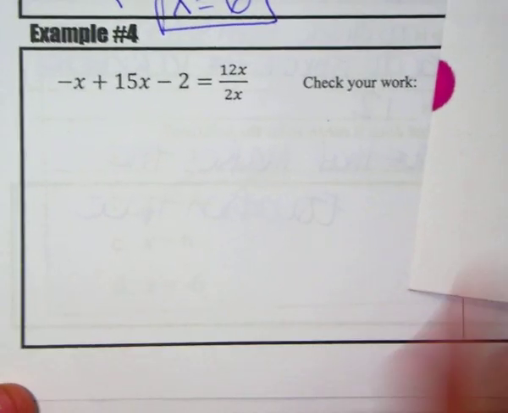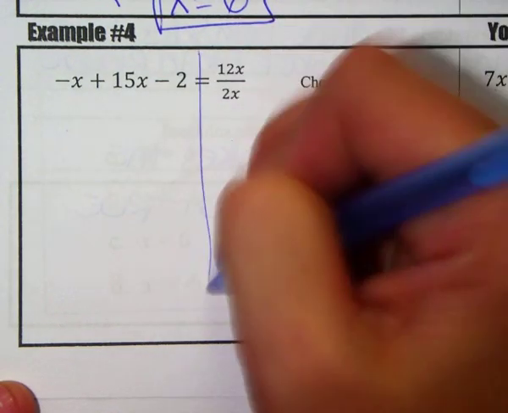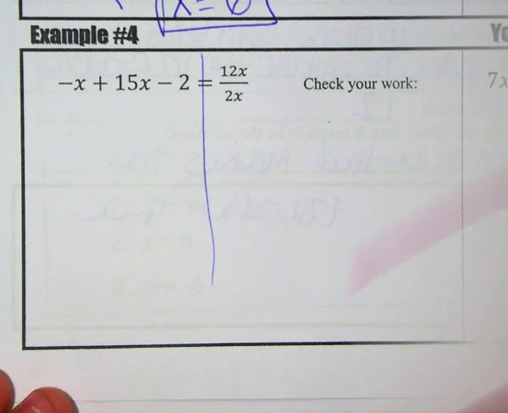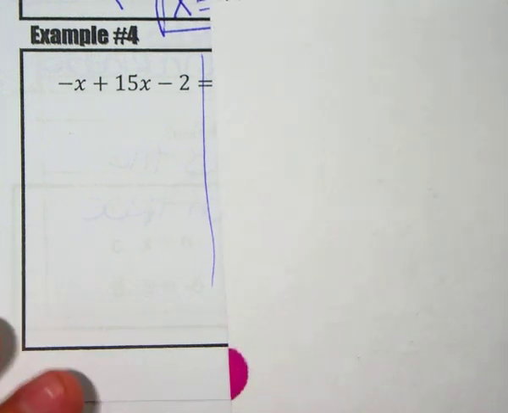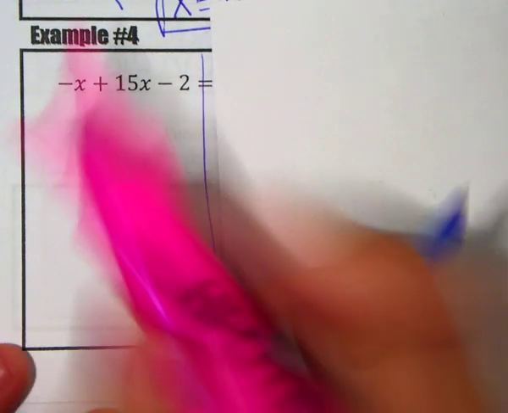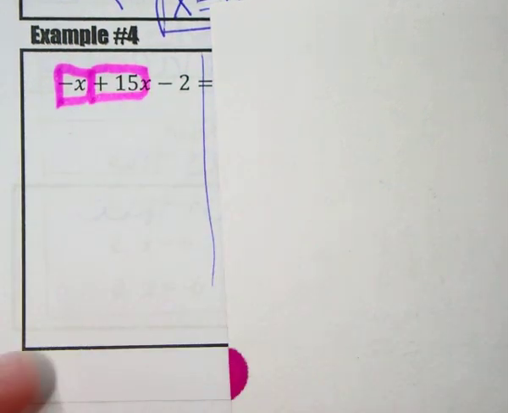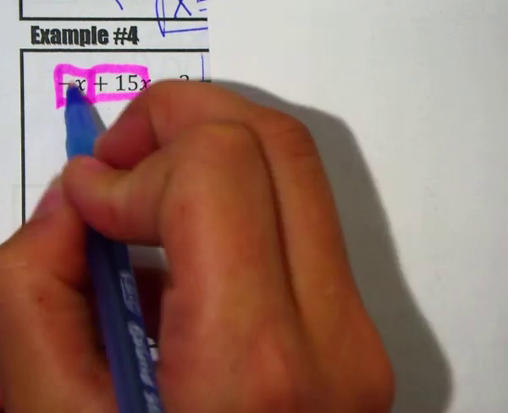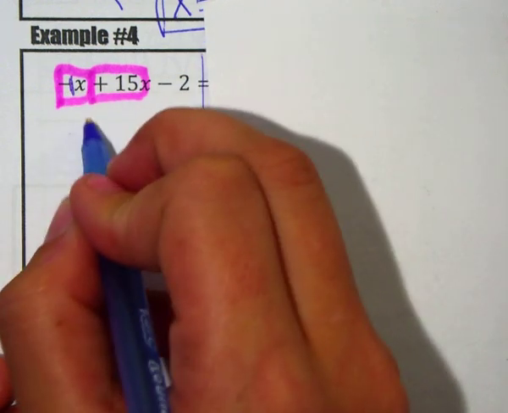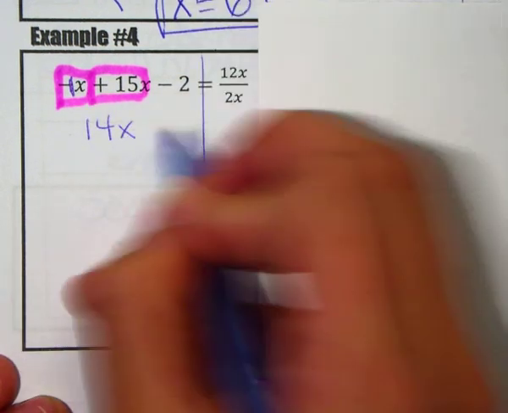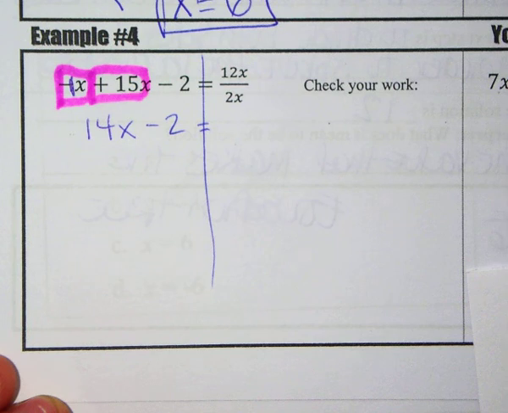Last one. Here we have two expressions. Do the left side first. I see negative x plus 15x. Negative 1x plus 15x is 14x. Minus 2 equals.